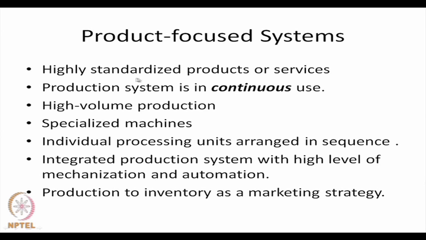and because the products or services are standardized, the production system is in continuous use, and normally the production is in high volume and one can engage specialized machines to do specialized operations.